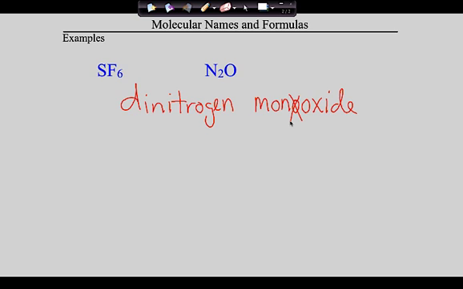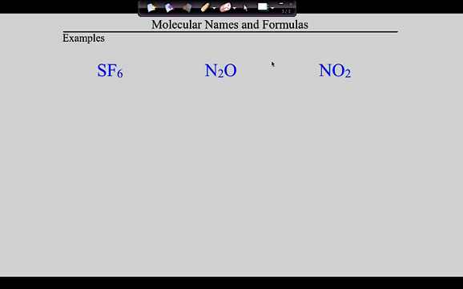All right. One more. What about this? NO2. So is it mononitrogen or nitrogen? Nitrogen. Good. Now we've got two here.